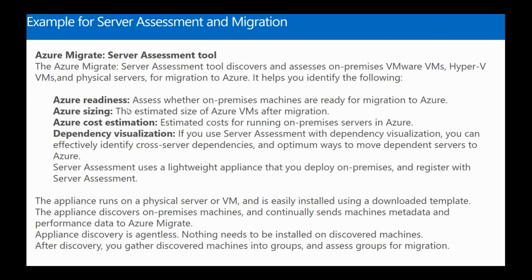For example, imagine I'm using an 8 core, 64 GB RAM, hyper-threaded machine with NVIDIA Tesla on premises. If I want to take it to Azure, what type of virtual machine might I need?